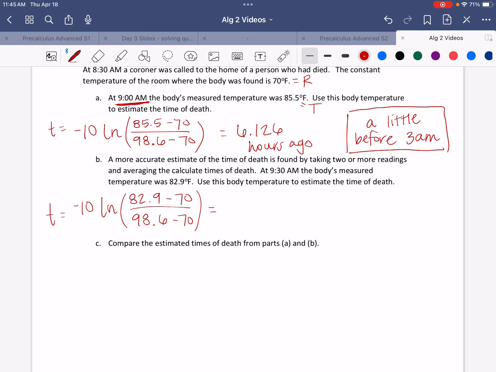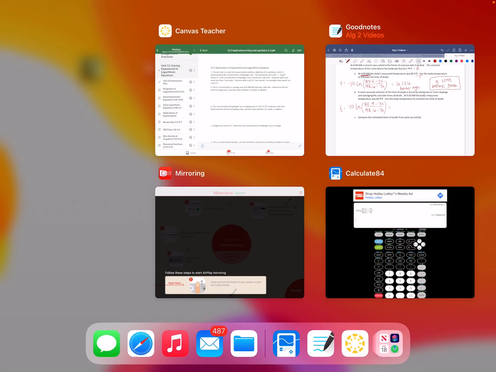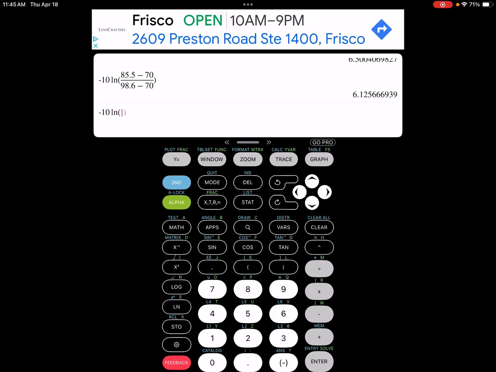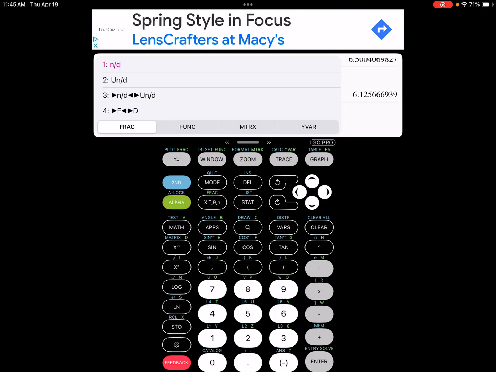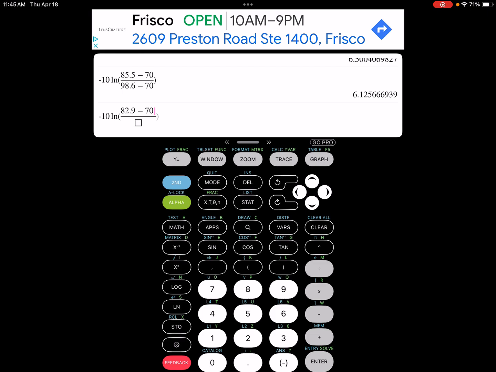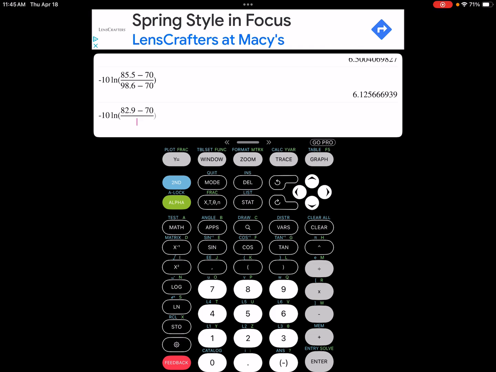Okay, so in the calculator, let's type this one. -10 times the natural log of 82.9 minus 70. And you could do this math in your head too. You could say, oh, that's 12.9. And then over 98.6 minus 70. I get 7.962.